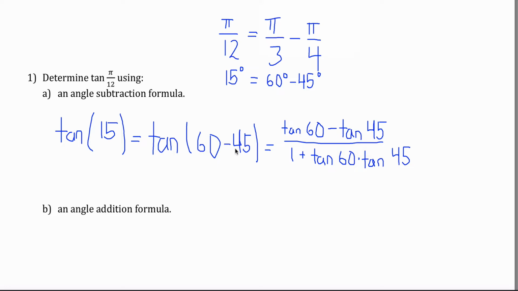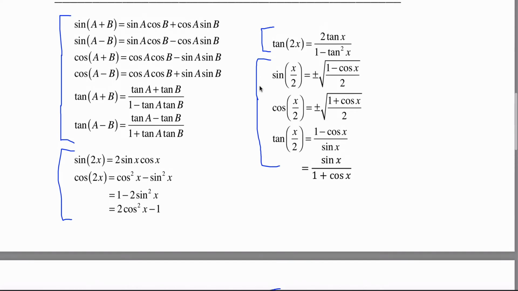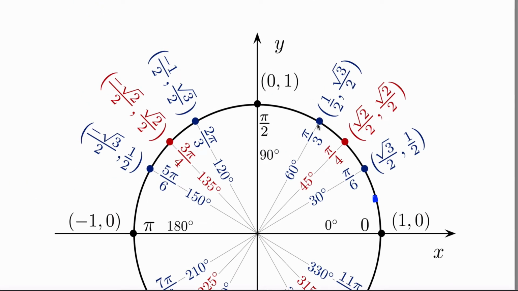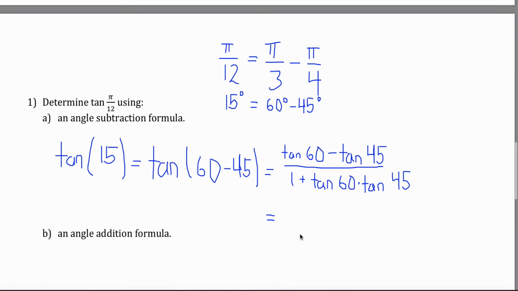The reason I chose 60 and 45 to begin with is because I knew those values. Maybe you have those memorized because maybe you teach Math 112, or maybe you don't, but you remember that tangent is sine over cosine. So tangent of 60 degrees would be sine of 60 degrees over cosine of 60 degrees. You do some work and simplify some fractions using what you know about this point up here and this x and y value. And I think what you figure out is that the tangent of 60 is equal to the square root of 3.